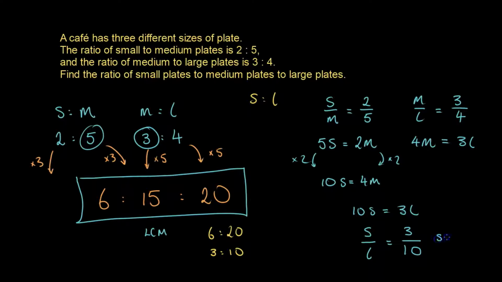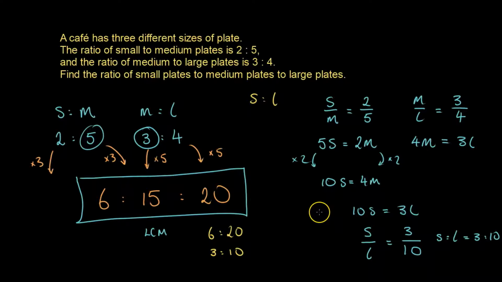So S to L equals 3 to 10. And if we have a look at what we worked out previously, this 6 to 20 simplified down to 3 to 10 as well. So using fractions, we have found another method of combining ratios.